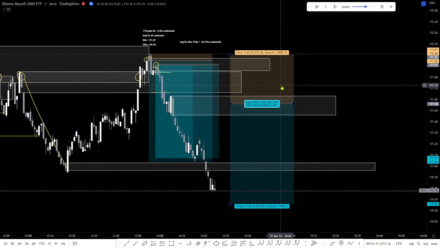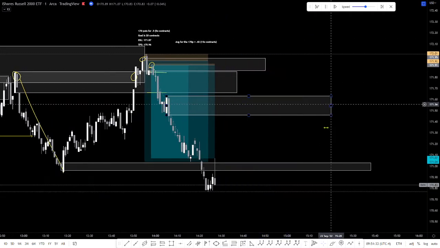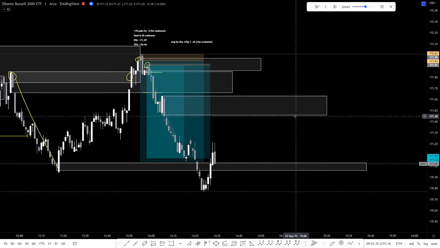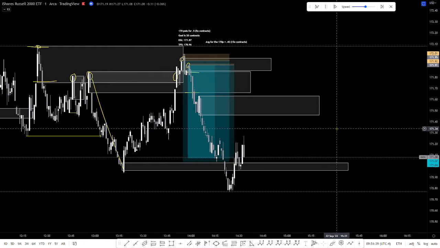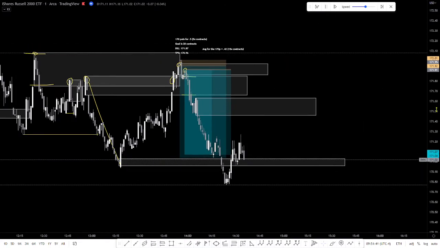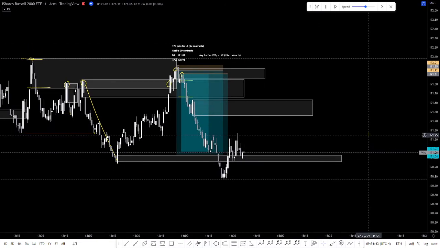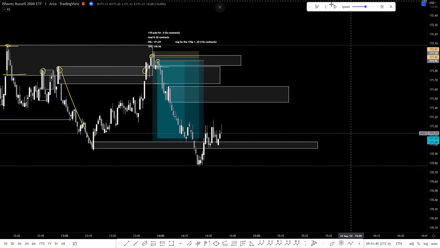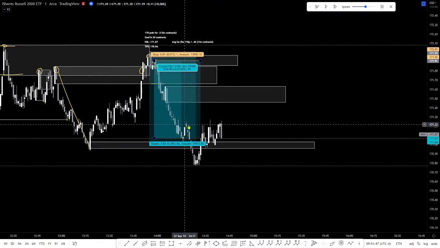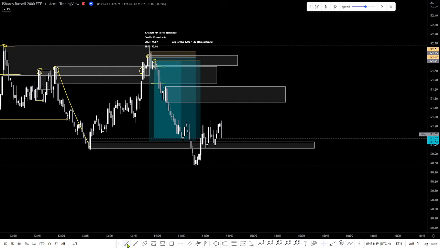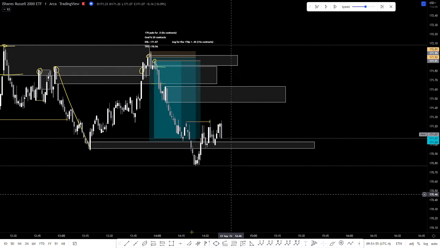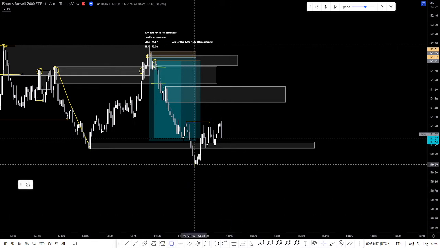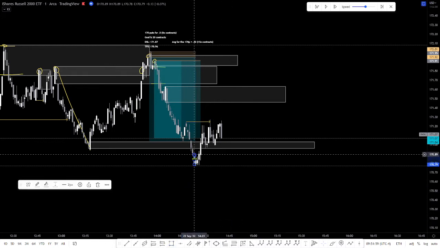And if we just keep moving lower, then I'm not even going to worry about this guy. I'm just going to watch and see if we come back to this order block. But now we get kind of a break of structure back to the high side, right? This was your previous lower high. We get a break of that, a change of character off an expansion that's initiated off this order block.